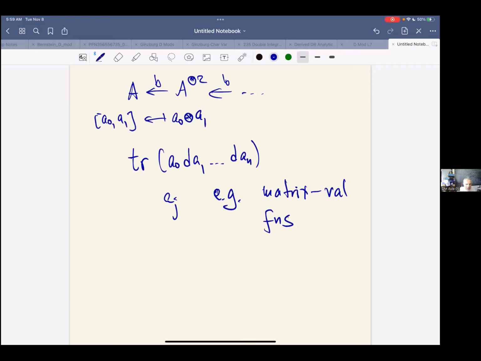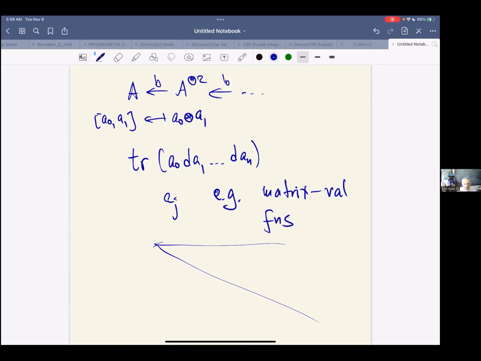So I have a question. At a certain point I got lost, when you said you had this complex in the down half, and you said you get a quasi-isomorphism in every column.